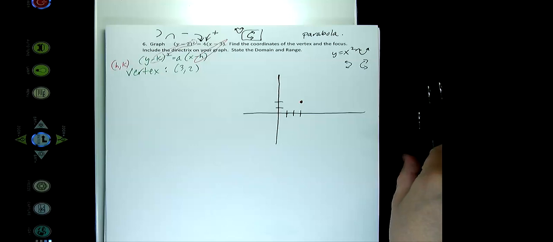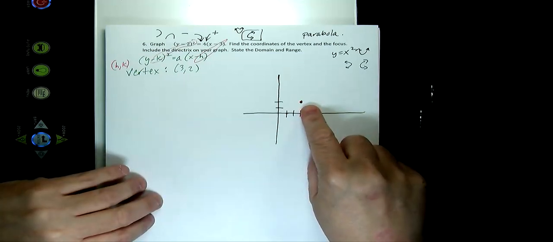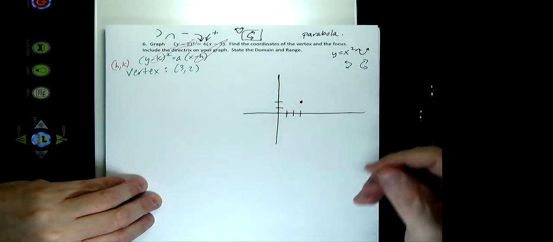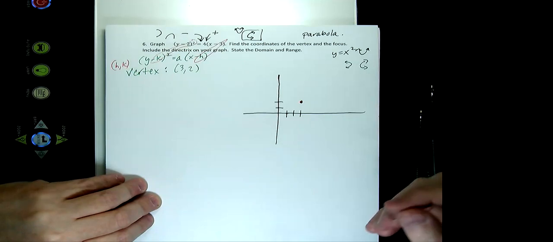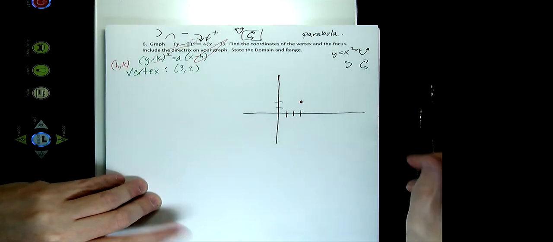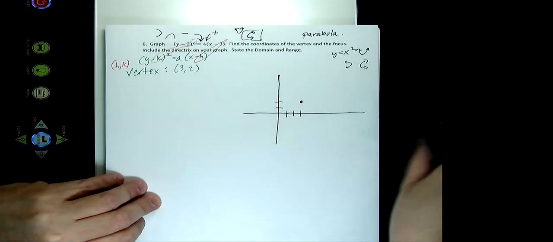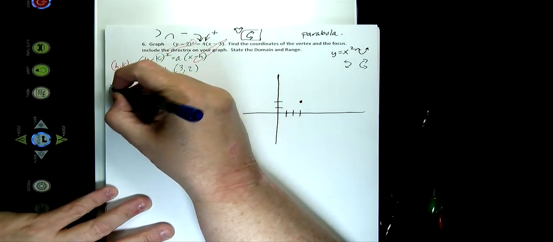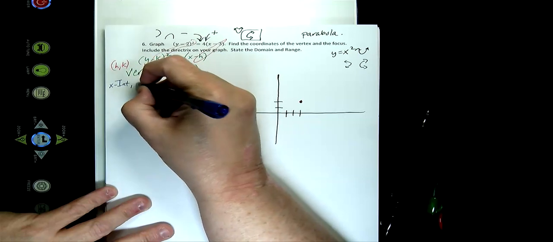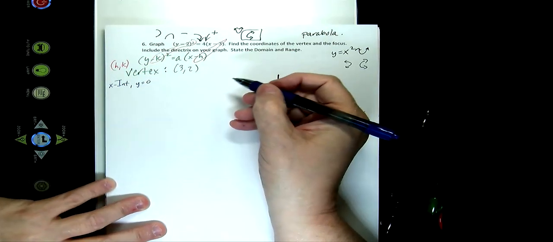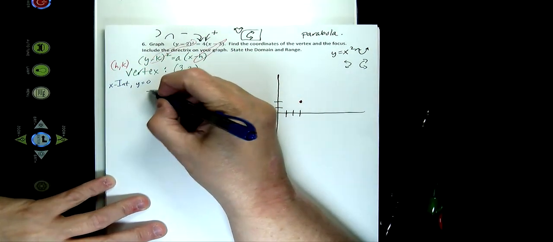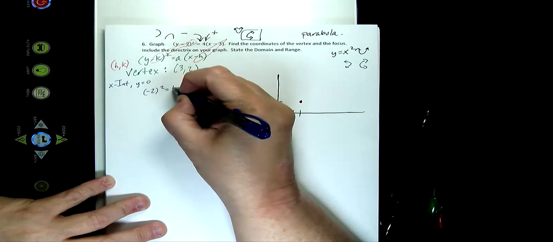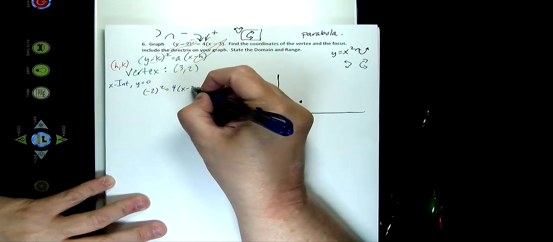Now, if you didn't recognize that right away, and you didn't know if it went left or right, hopefully you get the center. A good thing to do is to find intercepts to graph. So let's find intercepts. If I look for the x-intercept, at that point y equals 0, and my equation becomes (-2) squared equals 4 times (x minus 3).